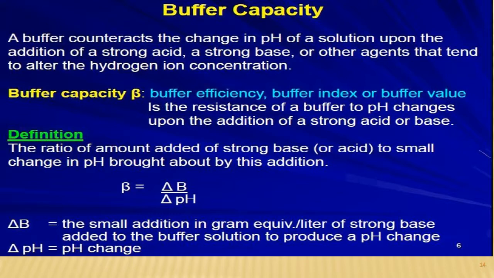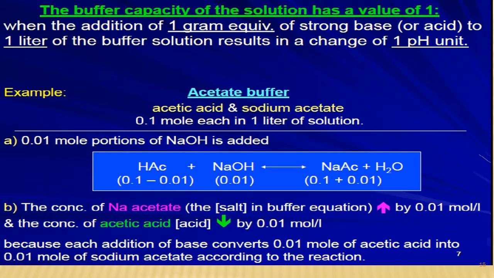Delta B is the small addition of gram equivalent per liter of strong base to the buffer solution to produce a pH change. Delta pH is the change in pH.